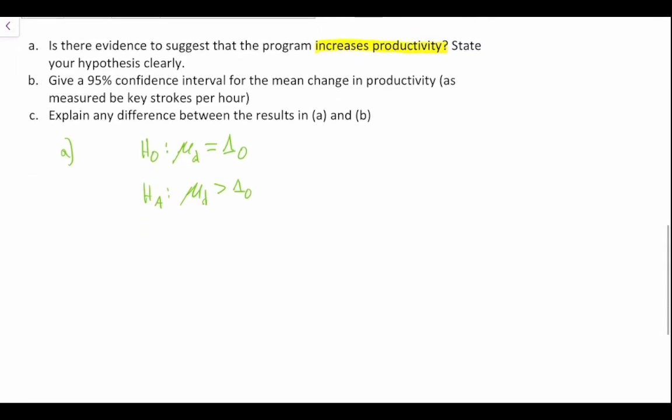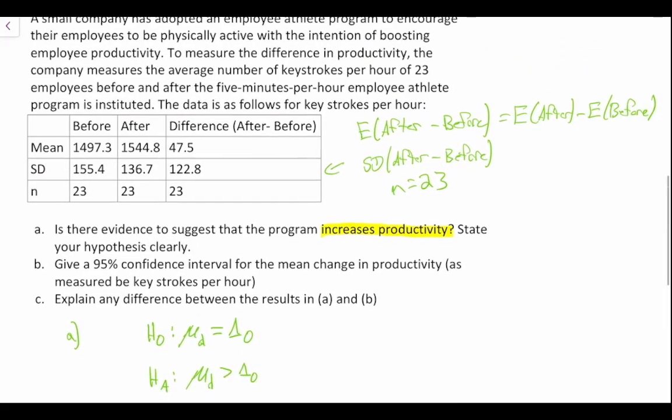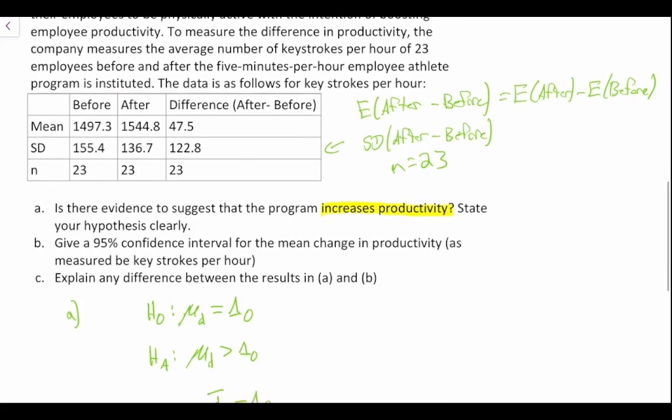Okay, so now that we have that, let's look at our t-test. So our t at n minus 1 degrees of freedom is equal to the mean difference minus delta zero divided by our standard error of d bar. Now, the question has given us our standard deviation, but it has not given us our standard error.